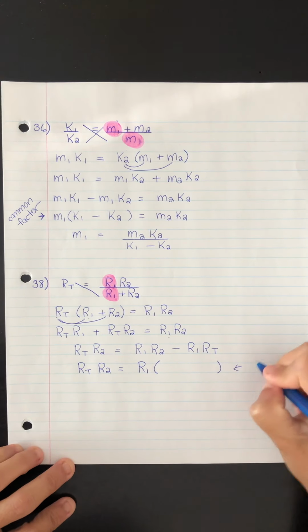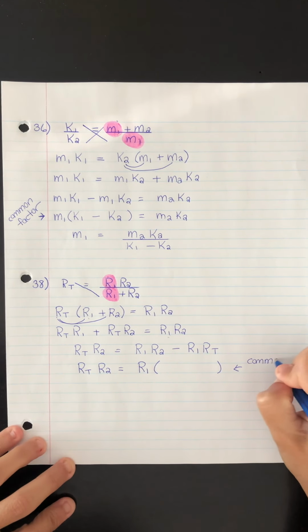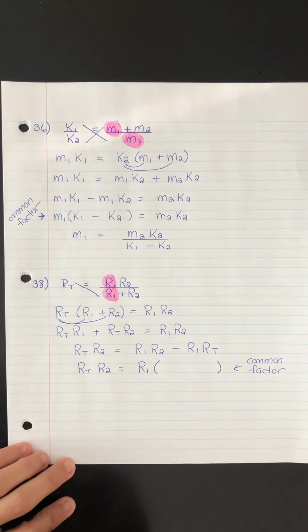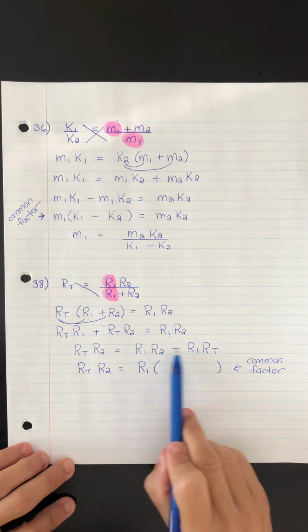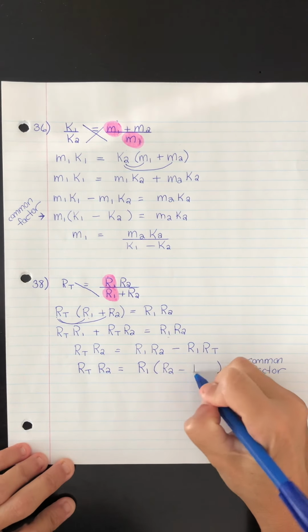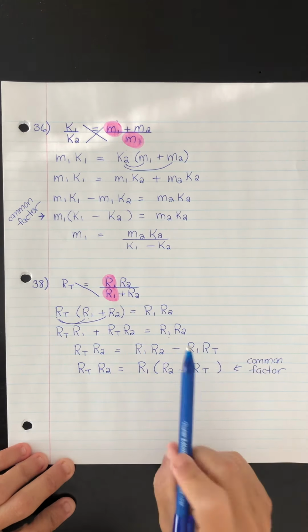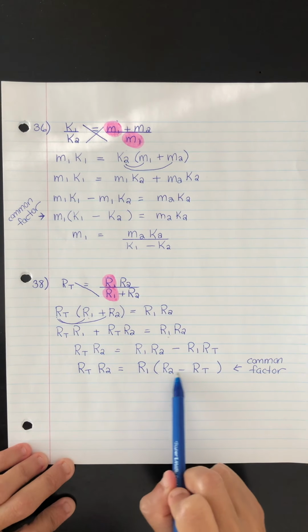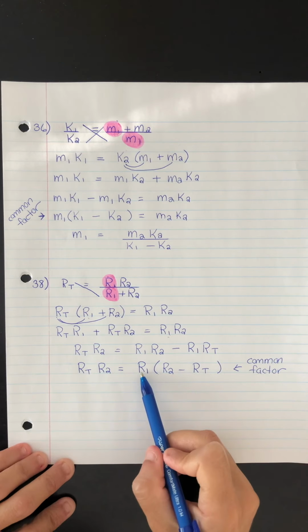Okay, so I'm going to write down again here that is what we are doing. We are common factoring. When R1 is removed from the terms, we will be left with in here R2 minus RT. So you use division, divide each term by R1 to fill in this bracket. Remember, check it quickly.